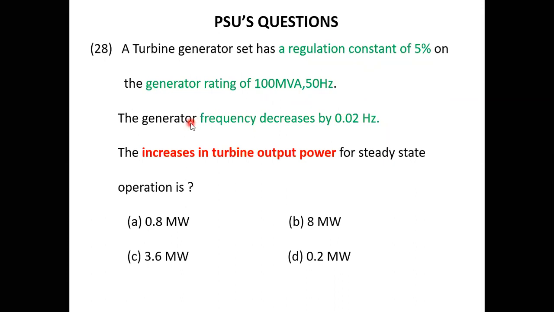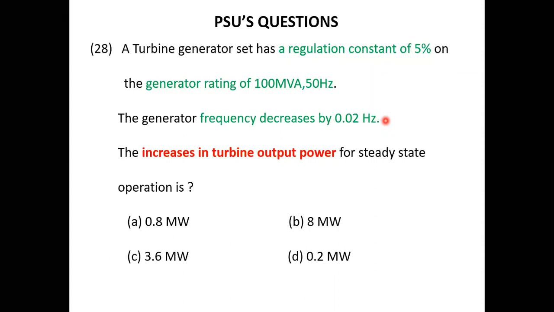One more given data is that the generator frequency decreases by 0.02 hertz. What is the standard frequency we are using? 50 hertz. From that 50 hertz, once the frequency decreases by 0.02 hertz, the frequency comes from 50 hertz to 49.98.